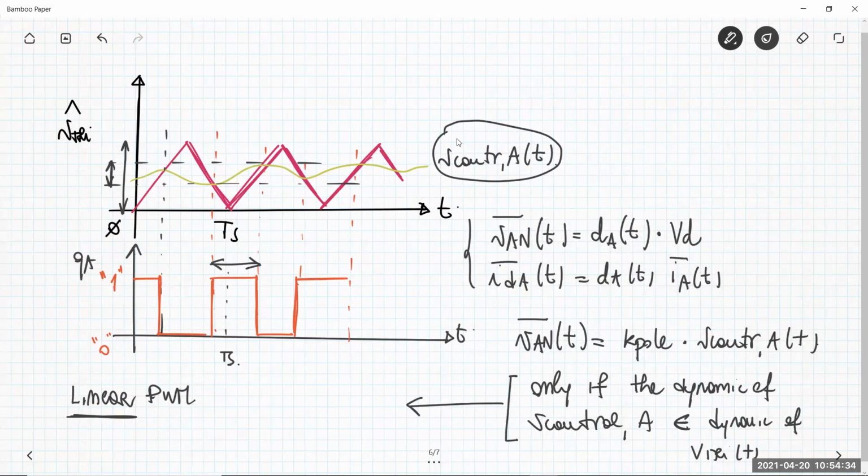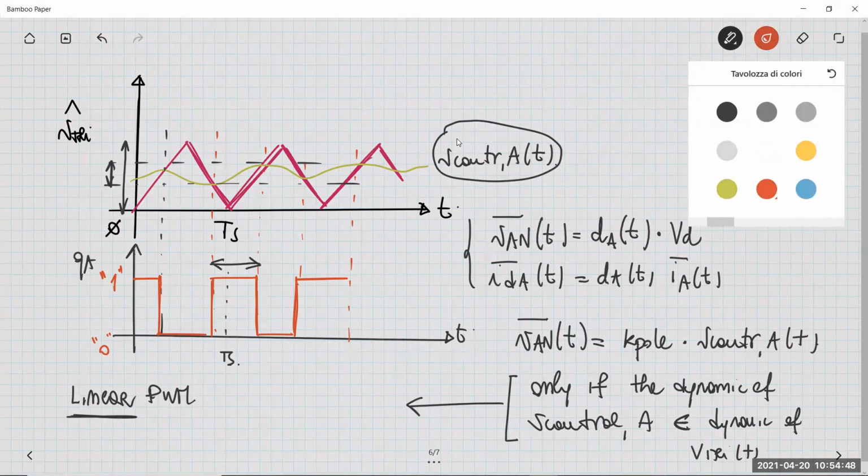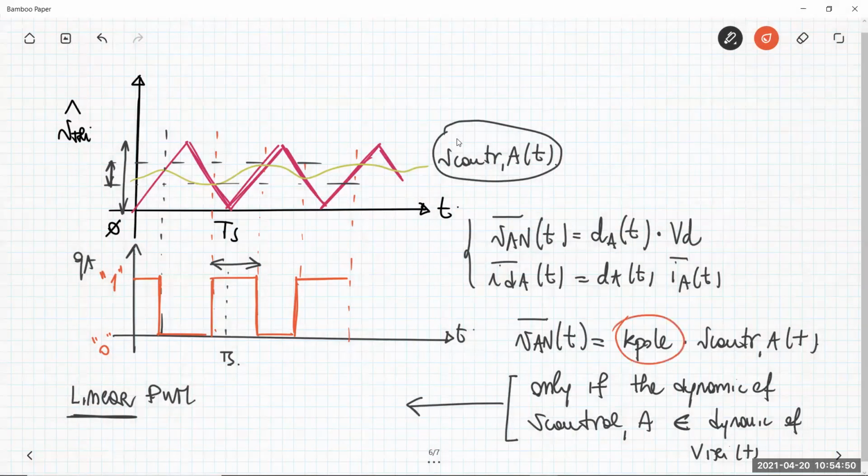So the width of this unity switching function changes accordingly to the variation of the control voltage. And then this quantity is amplified by the switching power pole, by this term, and then you can have the same information of the control voltage amplified by a k-pole at the output of a demodulator in terms of an average value.